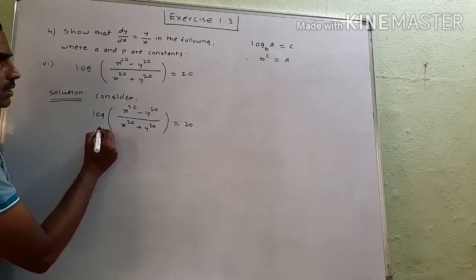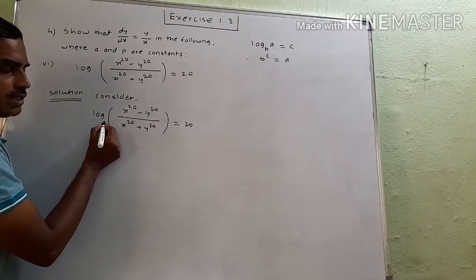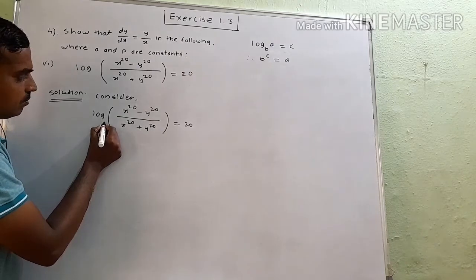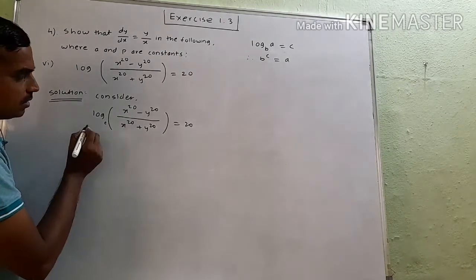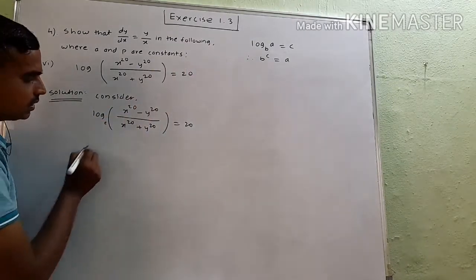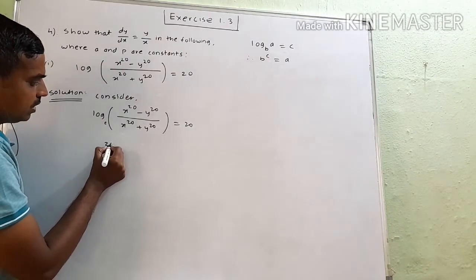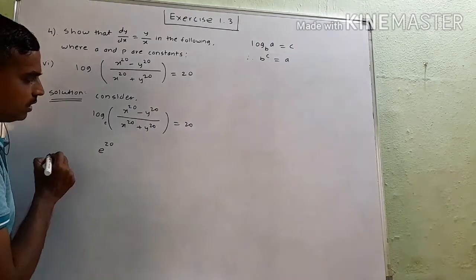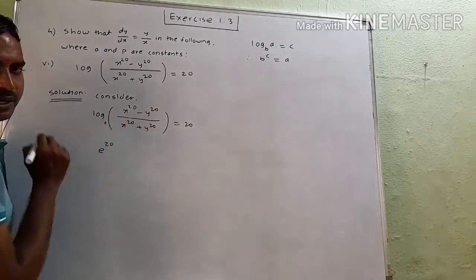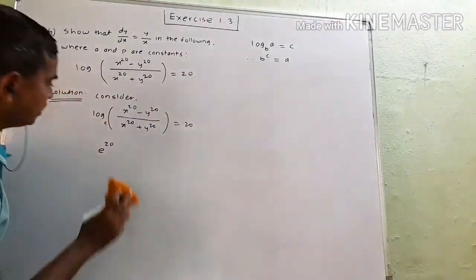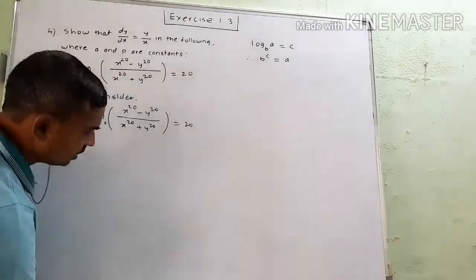Now we will convert this into exponential. Here the base of the logarithmic function is e. Means how can we convert this function? Here we can write e raised to 20 is equal to this bracketed term. This is constant, so we will write it on the right side.